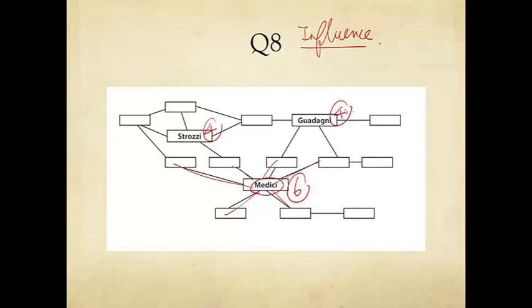And if you just look at the 50% difference, that hardly describes the much higher influential power of the Medici family in this graph of family relationships. So how can we understand other notions of node importance?